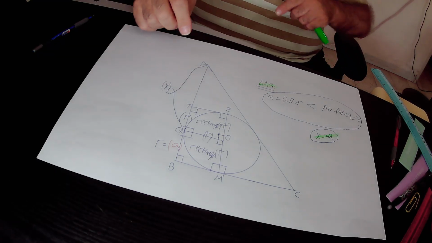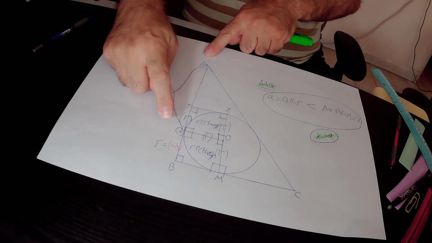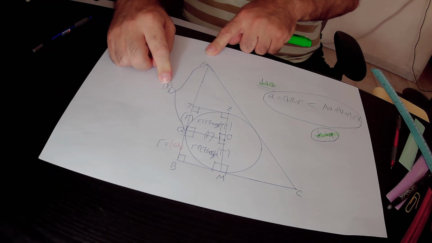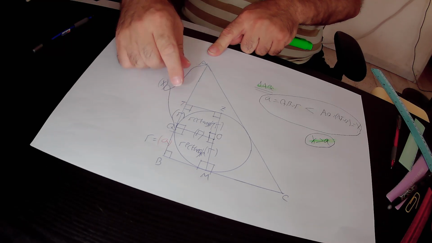We also found that AQ in total is equal to X, the variable that we're looking for. AQ is equal to X, and it is equal to AT plus TQ.